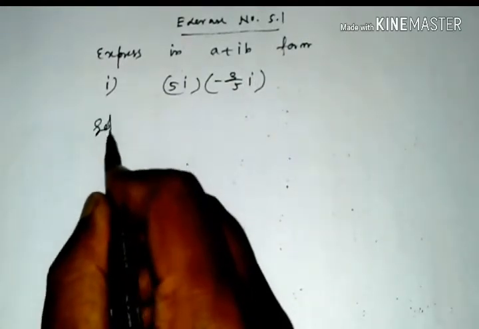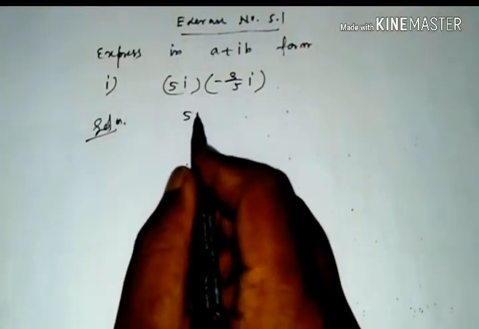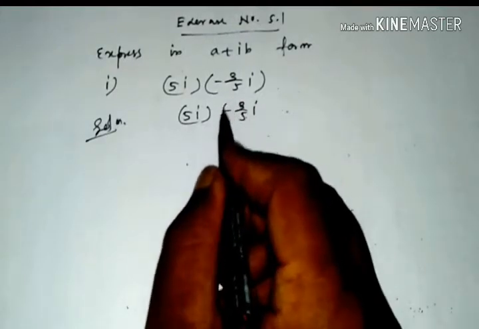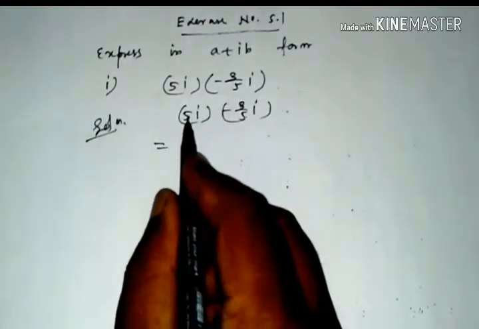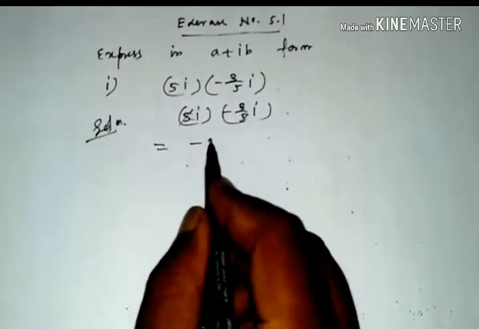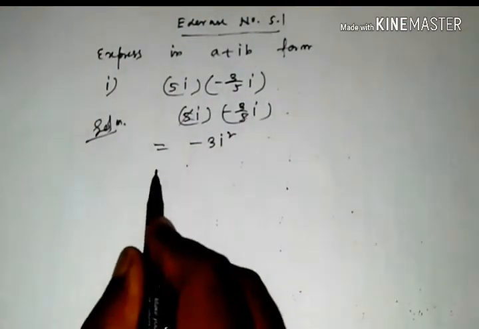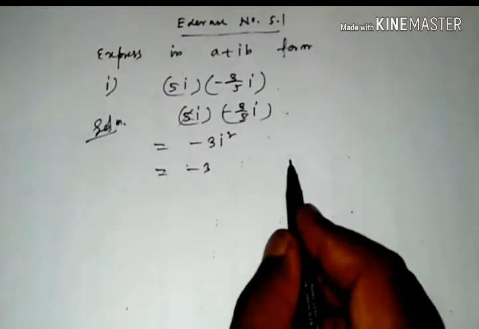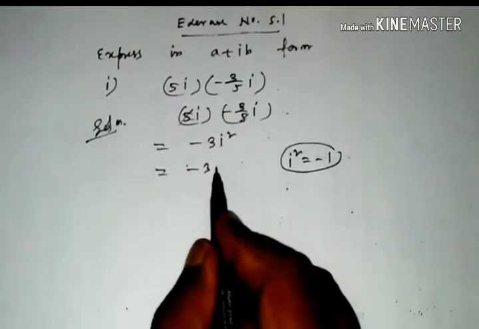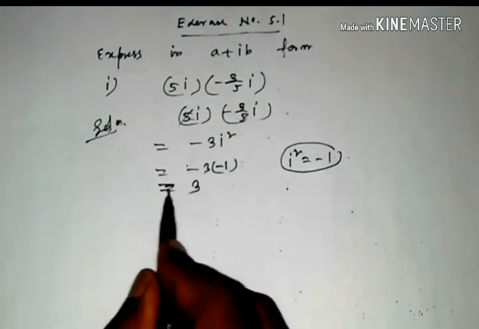Solution: 5i into minus 3 by i. If I multiply it, then 5 will cancel. That is minus 3 i square, and we know i square is equal to minus 1. Therefore we put the value of i square here, that is 3.